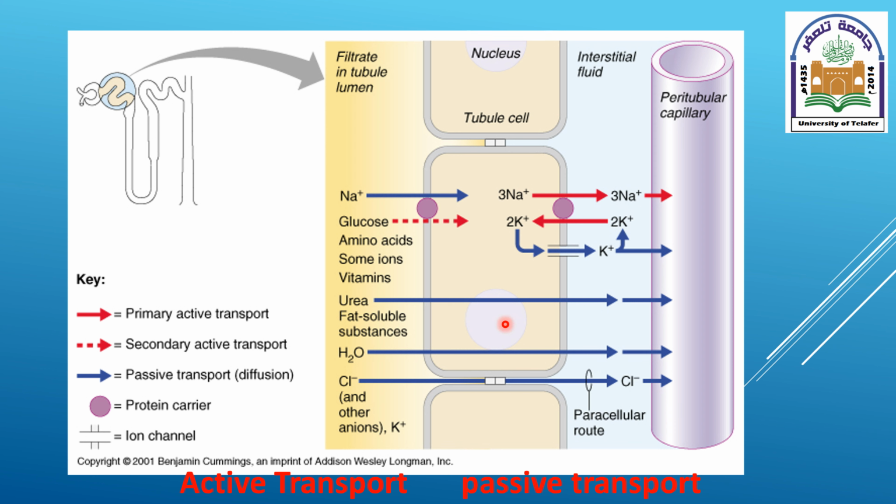Passive means no ATP expenditure, and osmosis of water is a good example of this passive movement. Also, urea and chloride are sometimes transported by passive transport.